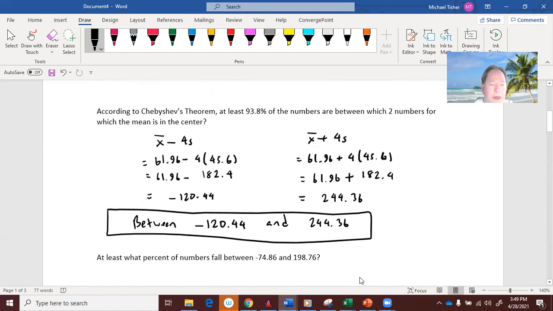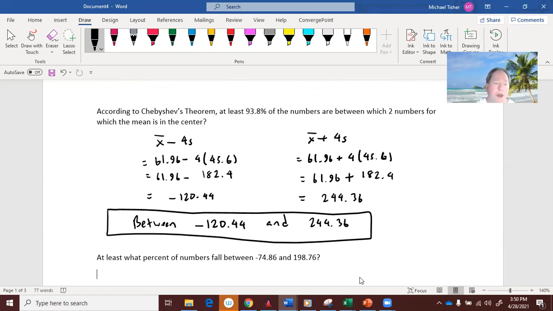Right? Now we have this next question that says at least what percent of the numbers fall between negative 74.86 and 198.76. And let's just assume we're going to apply Chebyshev's theorem. Okay, now it doesn't say to apply Chebyshev's theorem, so we could answer this question in any way that we wanted to, but let's go ahead and just apply Chebyshev's theorem because we have it.